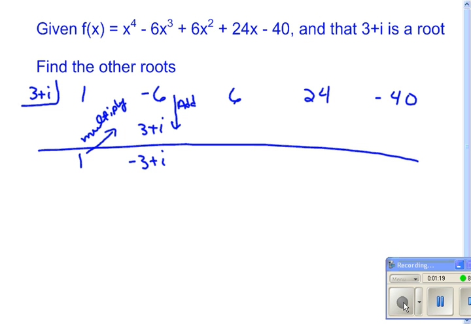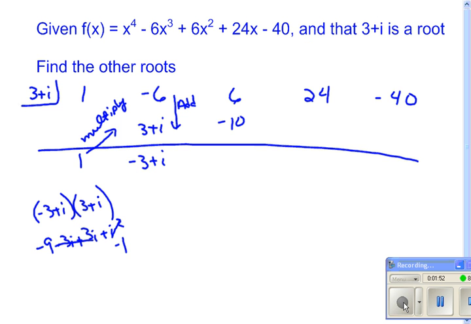To get back up, you again multiply by the corner, but this is a binomial times a binomial, so you would probably want to do that off on the side. -3 plus i times 3 plus i, and you get -9 minus 3i plus 3i plus i squared. The middle two terms subtract out. i squared is -1. So -9 minus 1 is -10.